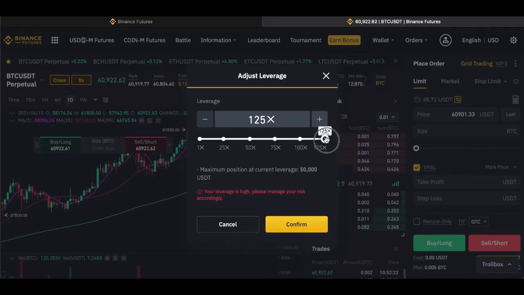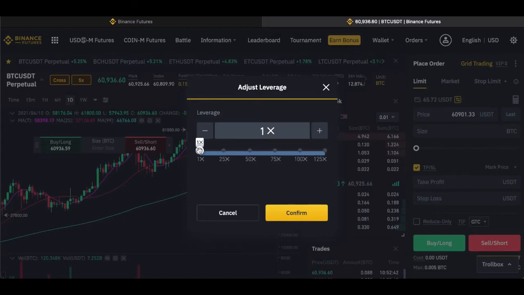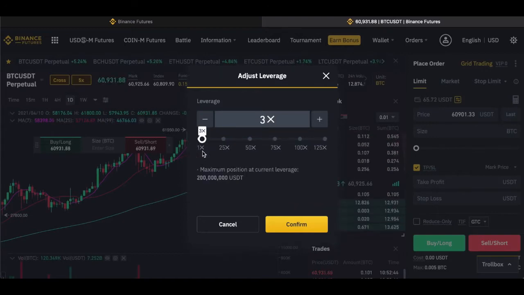You just absolutely shouldn't use this. Now, I can't give you any advice on what to use, but for sure, 125x is crazy. Even 10x is a lot. This is completely up to you and your choice, but most people will use maybe 5 or below leverage. In fact, you don't have to use any leverage at all. You can go down to 1x and just trade with what you have on account.